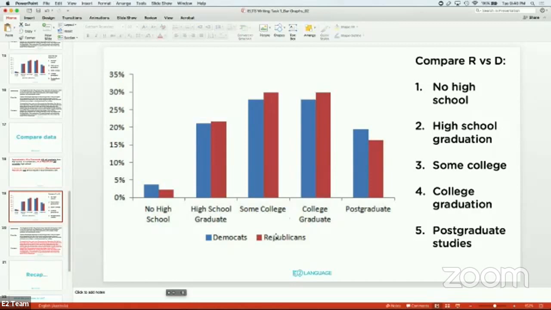I could say Republicans have, this is the problem. How am I going to do this? Well, I think the easiest way is to write like the first sentence I did and say approximately 27% of Democrats have some college, while Republicans have slightly more. Okay, let's do that.